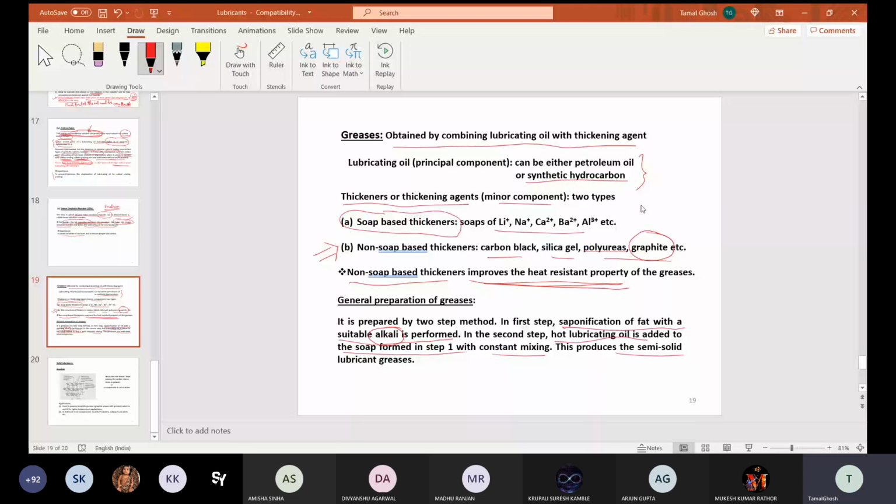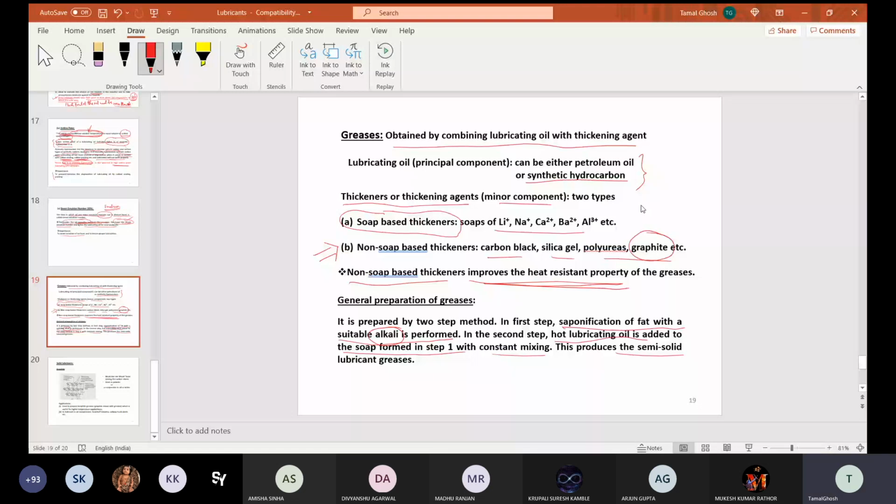Its properties will be different from the grease prepared using calcium soap, and its applications will be different too.